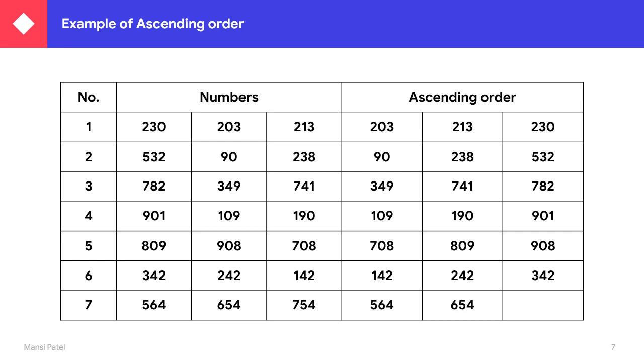First 564, 654 and 754. Please do not write down all the answers the same way, because some of the numbers are different. They are given in different sequences. So please do not mug up.